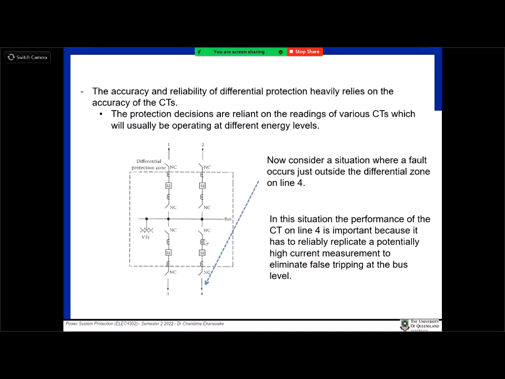I will just stop here because it connects with the next part. I don't think I can continue beyond 9:50. So I'll stop here, and how many more slides? I have another 20 slides.